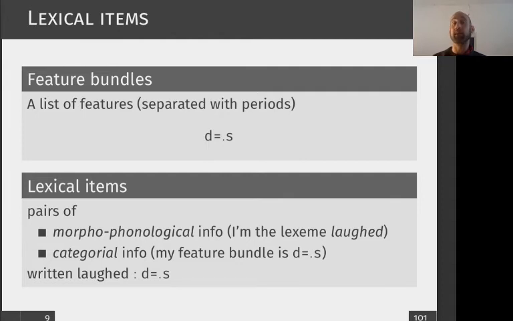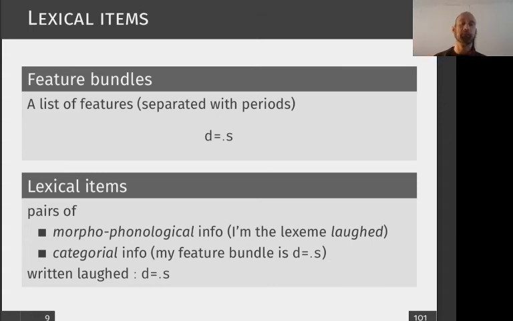I'm going to separate them with periods, just to make it easier to see. If I just wrote them all together, we would have D equals S, and it wouldn't maybe be clear who the equals belonged to. But here it's clear. We have a D equals, and then an S. Again, notation, who cares? Information is the important thing.